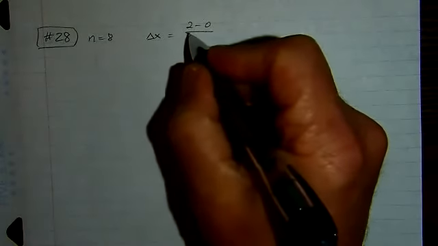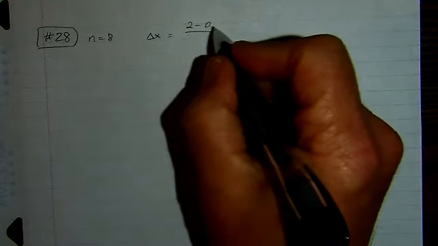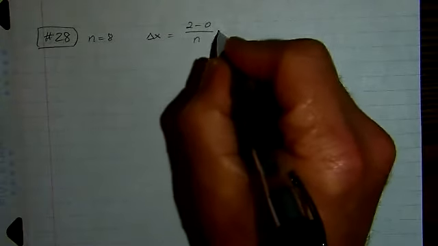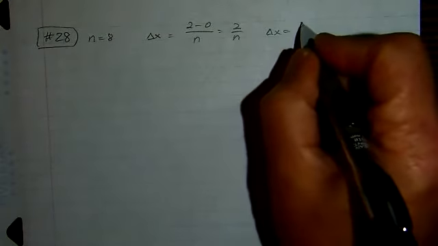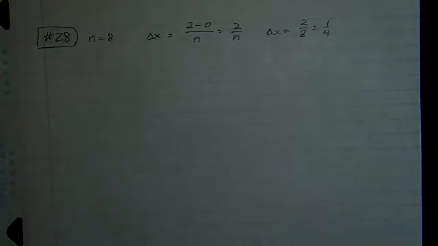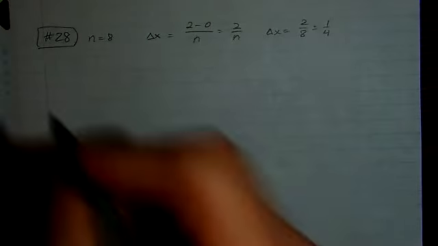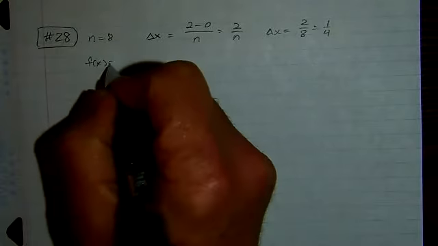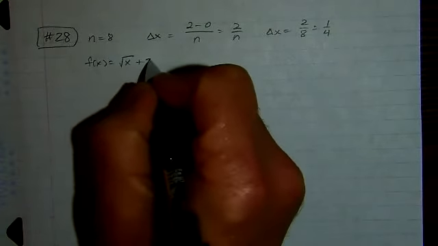Going from 0 to 2, the distance is 2 minus 0, divided by n. So that's 2 over n. In our example, delta x is 2 over 8, which is 1/4. I should also write down that f of x is square root of x plus 2.